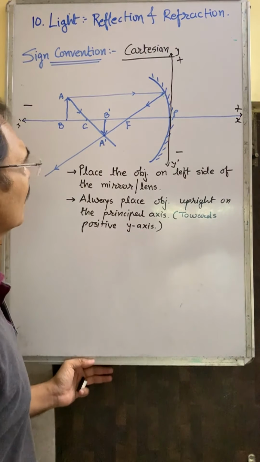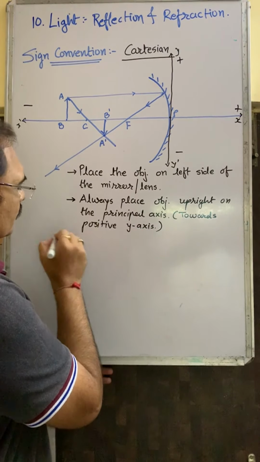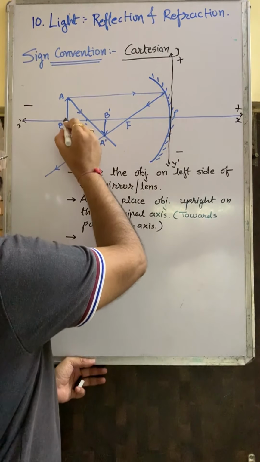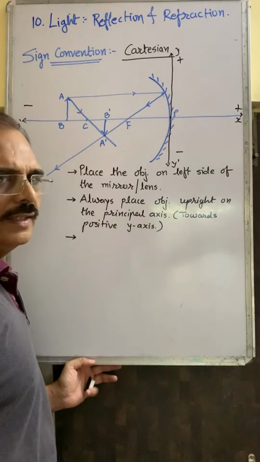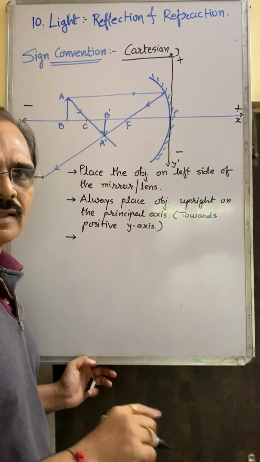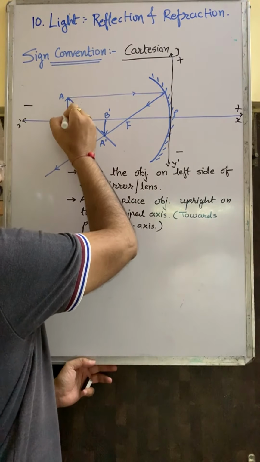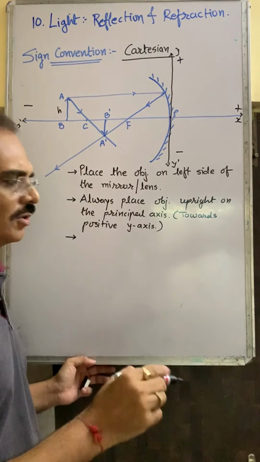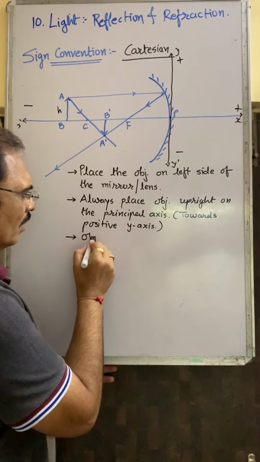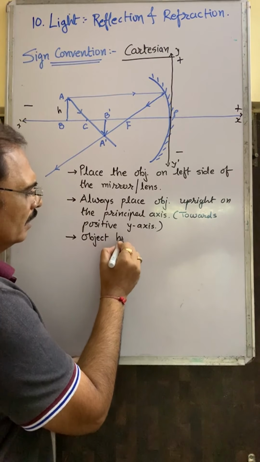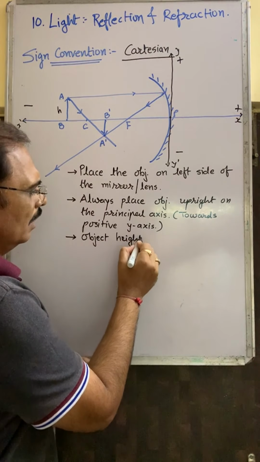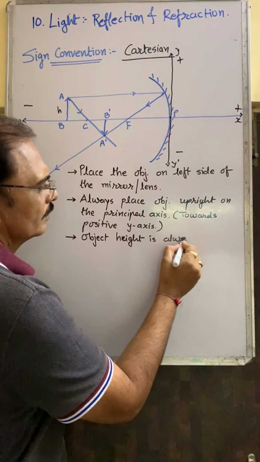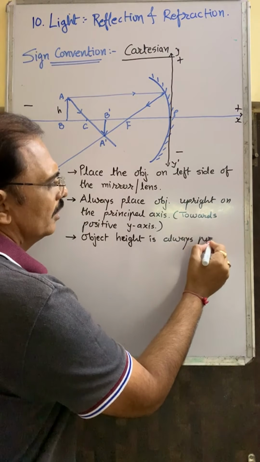Now see, if the object is always placed upright, then we can derive that the object height, we call it h, is always positive.